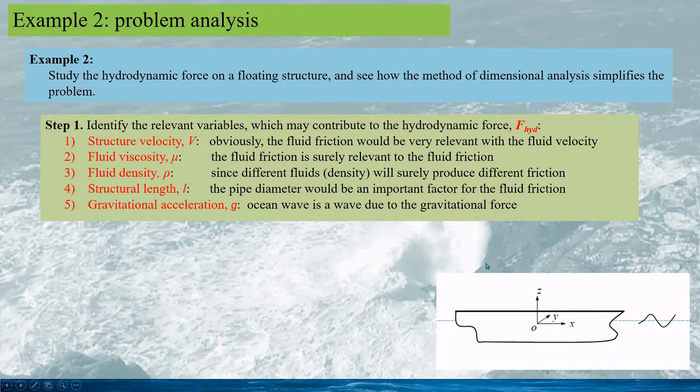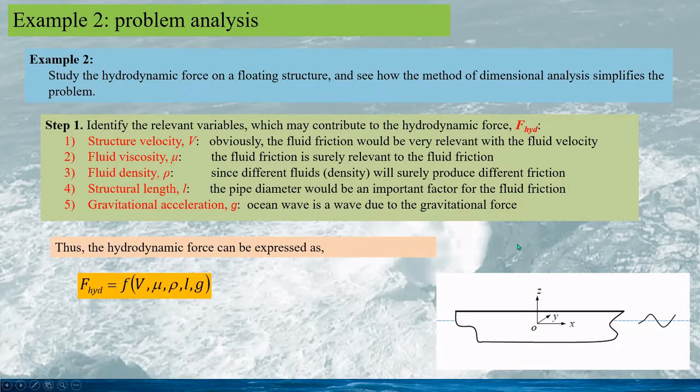As such, the hydrodynamic force can be expressed as a function of 5 independent parameters: V, mu, rho, L, and g. So we have a total of 6 variables in the problem. That is, n equals 6.